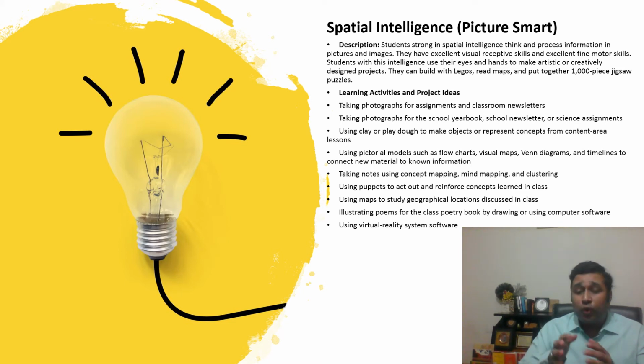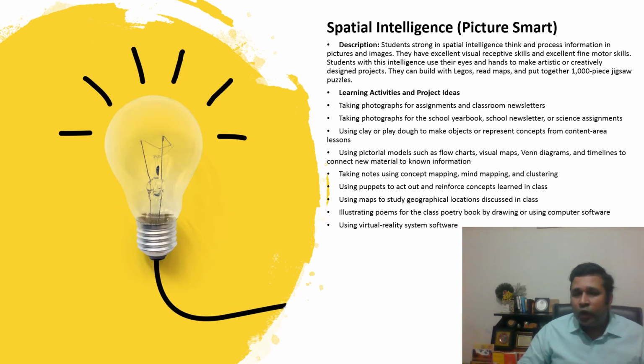be exposed to globes and maps, and they can start understanding the world they live in and the globe, and they can also watch the night sky, if some kind of a telescope is available in the school. They can also use virtual reality.